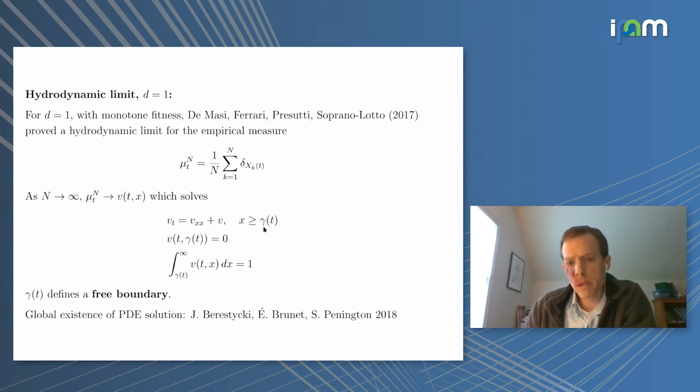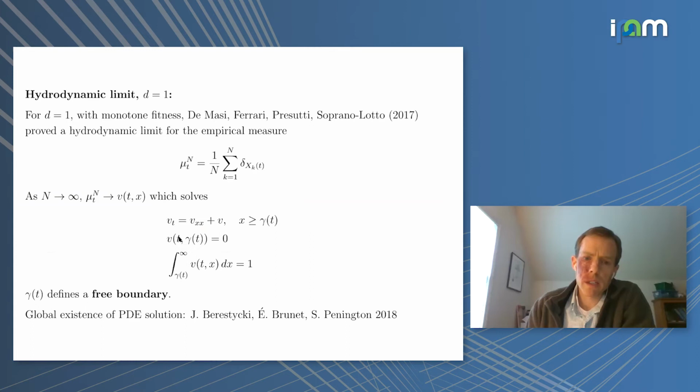If gamma moves too fast, then because of the Dirichlet condition, the total mass of V will decrease below 1. If gamma moves too slowly, then because of the growth, the total mass of V will increase.